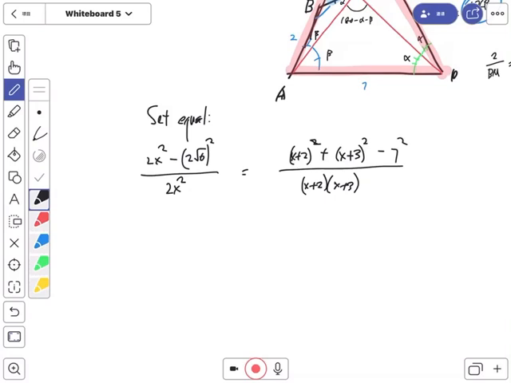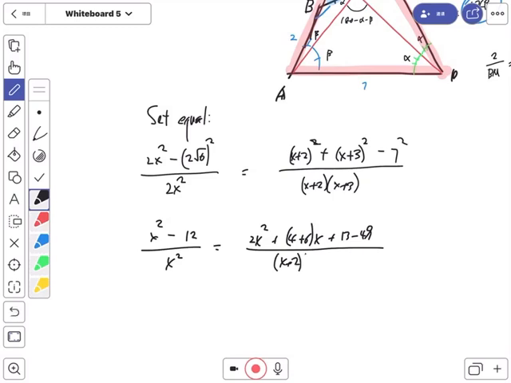So now we're going to cancel out the x. So x squared minus 12 over x squared is equal to 2x squared plus 4 plus 6x plus 13 minus 49, and then the entire thing divided by x plus 2 times x plus 3.